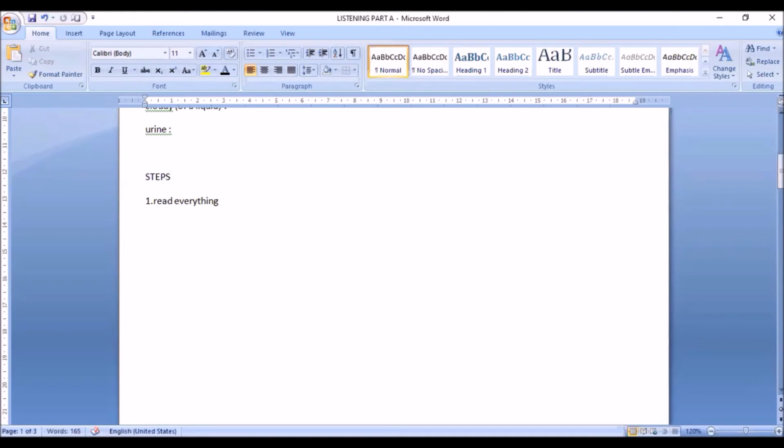I will try and make it as simple as possible, yeah? Read everything on the left, all those bold titles, everything in bold. 2, read everything on the right, all the list, all those little dots.